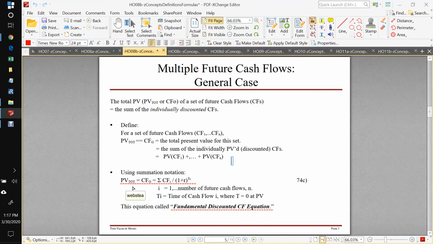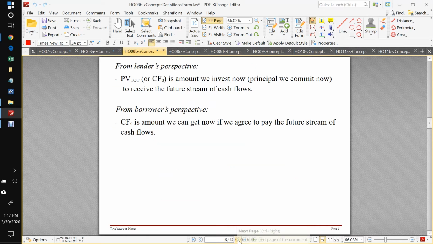It says that PV tote, or CF0, is equal to, for each future cash flow i, discount it, for i equal 1 up to the number of cash flows n. Once you've got them all discounted, then add them up. So take each one individually, discount it back to t equals 0, then add them all up. That's all this equation says.